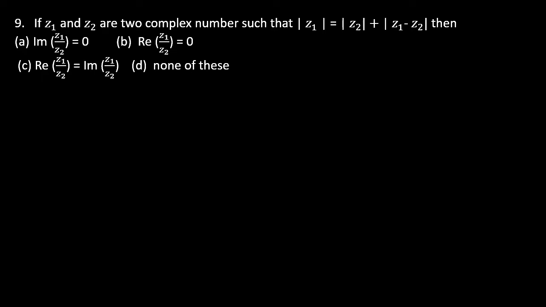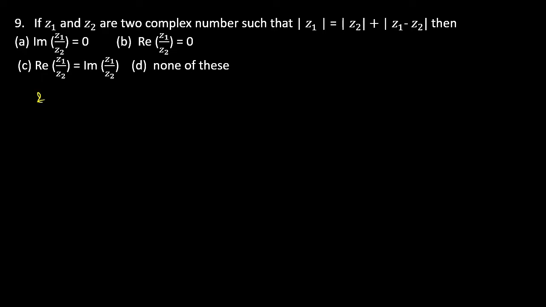Z1 and Z2 are two complex numbers such that mod Z1 equal to mod Z2 plus mod of Z1 minus Z2. Then: imaginary part of Z1 by Z2 is 0; real part of Z1 by Z2 is 0; real part of Z1 by Z2 equal to imaginary part of Z1 by Z2; none of this.